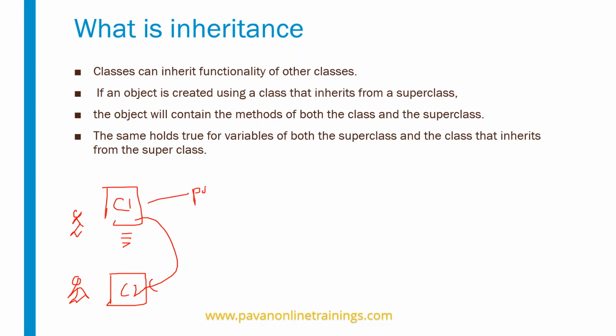Here it is called a parent class, and here we call it a child class. We can also call the parent class a base class or a super class, and the child class is also called a subclass or a derived class. So there are different names. This is the concept of inheritance.